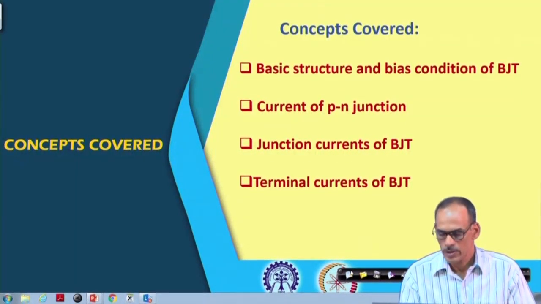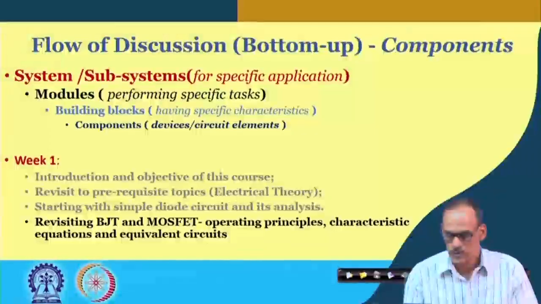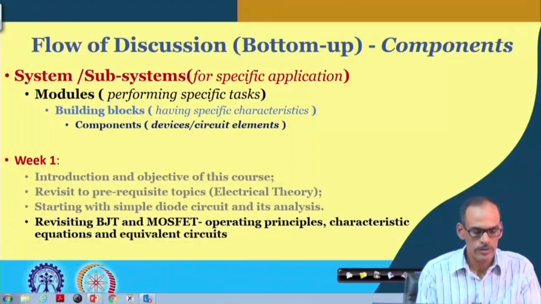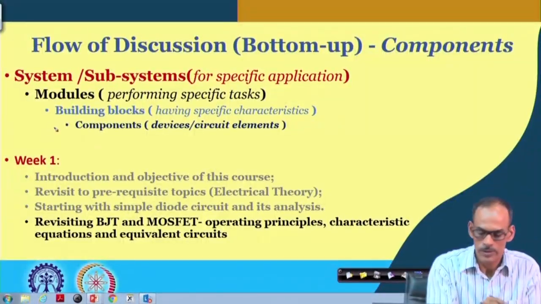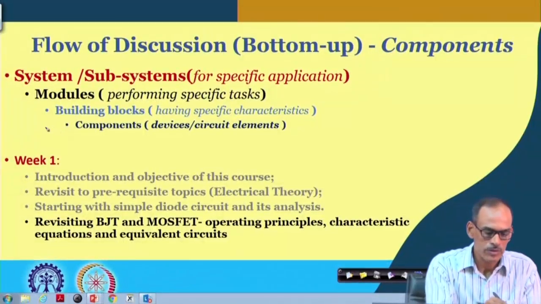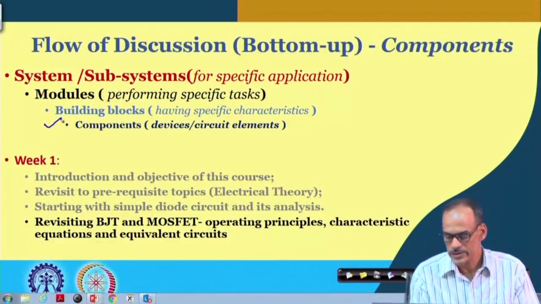So let us see what our weekly plan is, and how far we are now. This is our weekly plan, and as you know we are in this module on components and device characteristics.